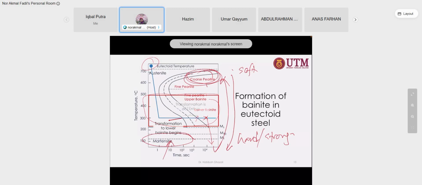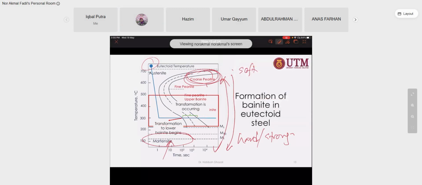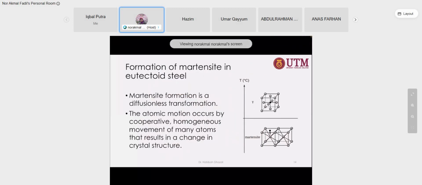This is the beginning of transformation. This is the point where it starts to form lower bainite, and this is the point where the transformation into lower bainite ends.